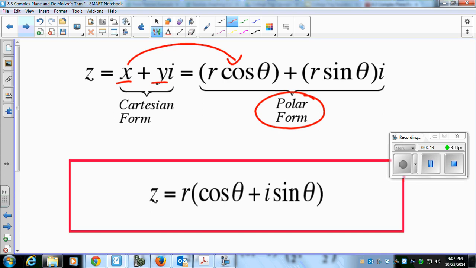So as we're trying to graph our complex numbers in the polar form, we use our same XY conversions, and we get this. They both have an R, so we can factor that out here.